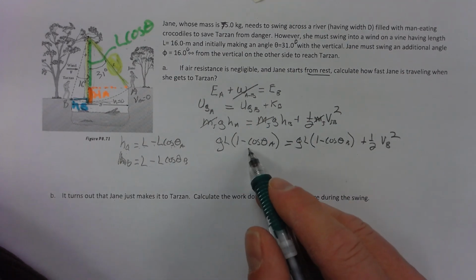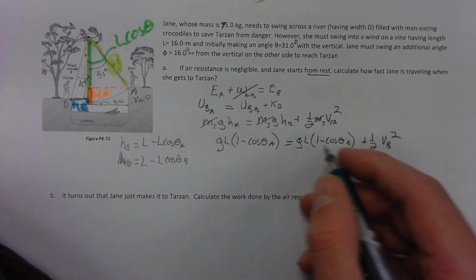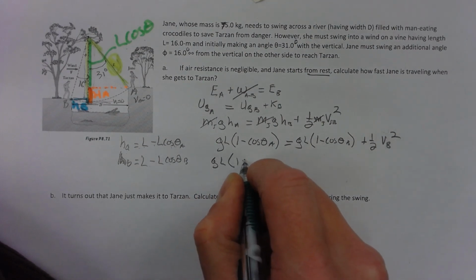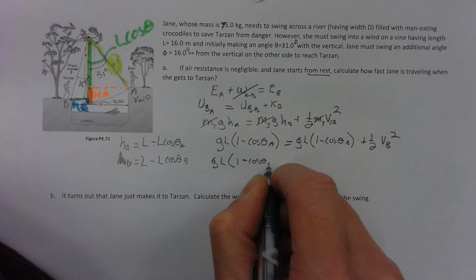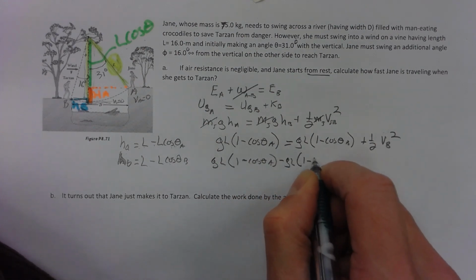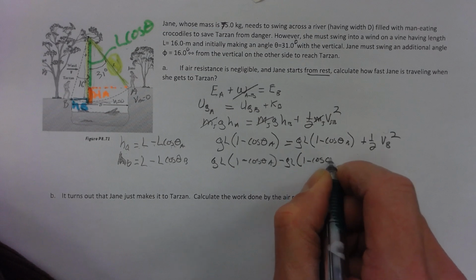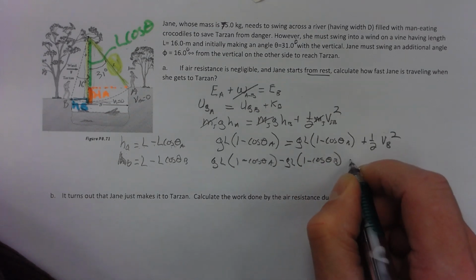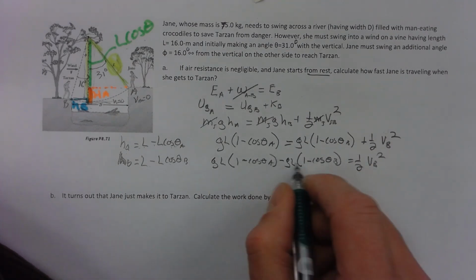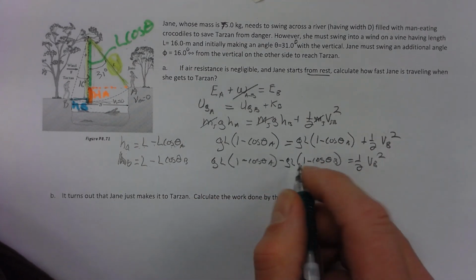Move this over there to that side and multiply by 2. So we've got g L (1 minus cosine theta at A) minus g L (1 minus cosine theta at B) is going to equal 1/2 VB squared. Can we clean this up somehow?